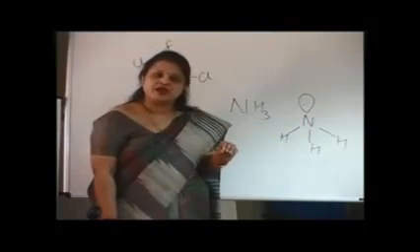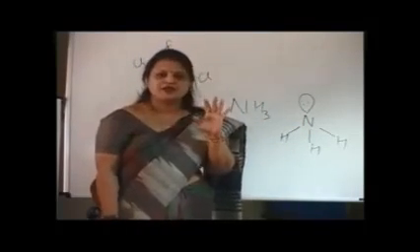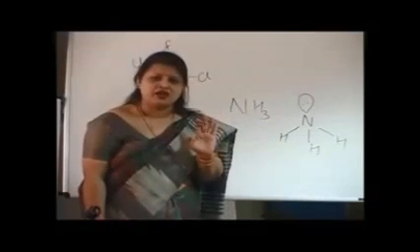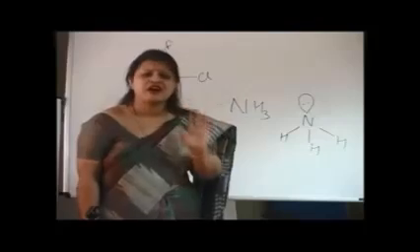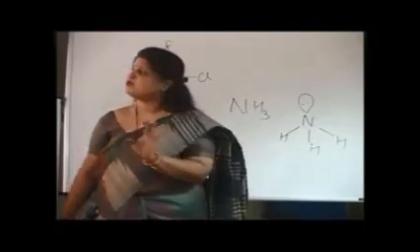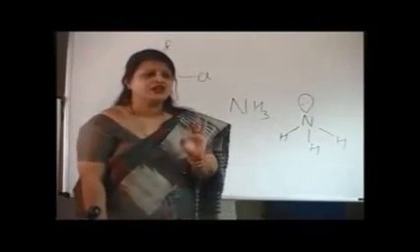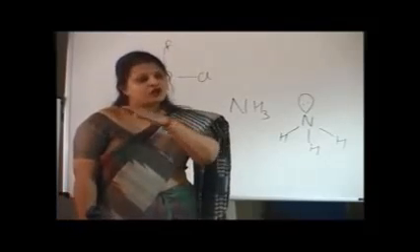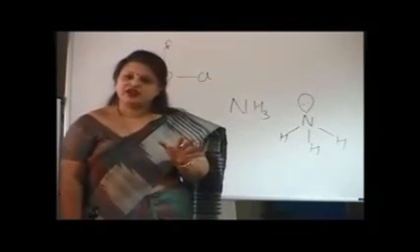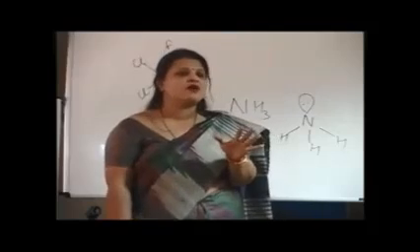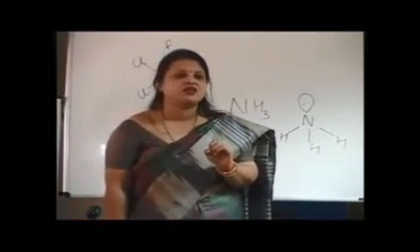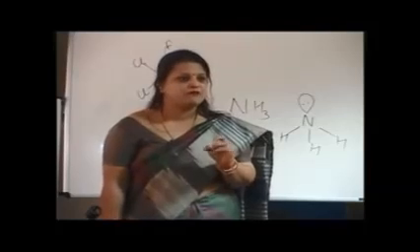Whereas there may be cases where the lone pair as such is present but is not distorting the shape of the molecule. That means the lone pair is defunct, it is inactive. That is what we call stereochemically inactive lone pairs. Normally, in all the examples that we have done till now, the lone pair has been active. But there are exceptions where the lone pair is inactive.